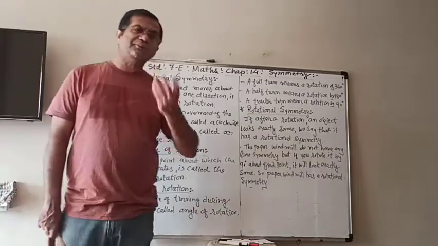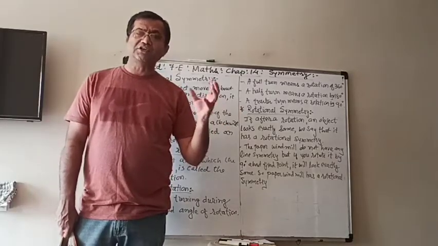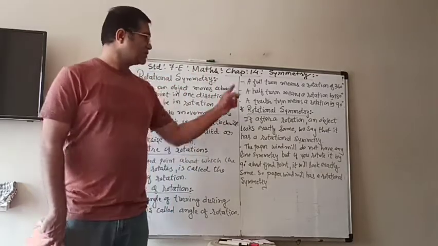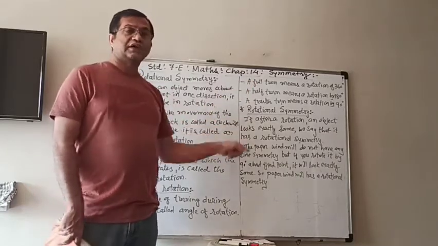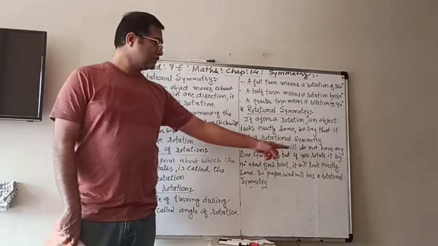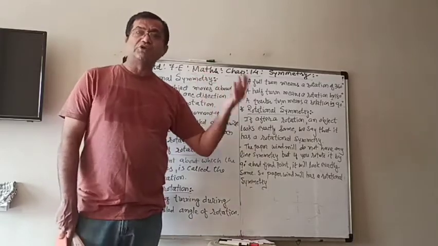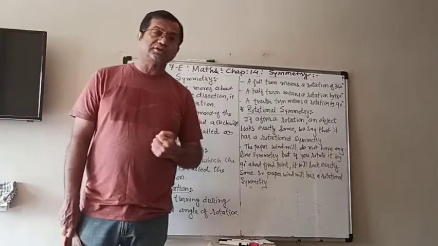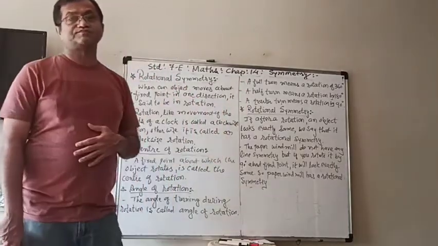Now rotation can be of two types. Like the hands of the clock are moving in this direction, and that direction is known as clockwise direction. But if the rotation is in the opposite direction of the motion of the hands of the clock, then it is known as anti-clockwise direction.